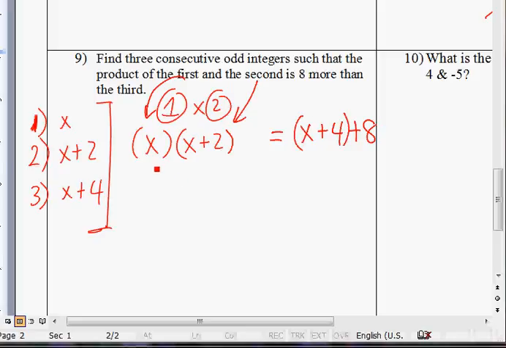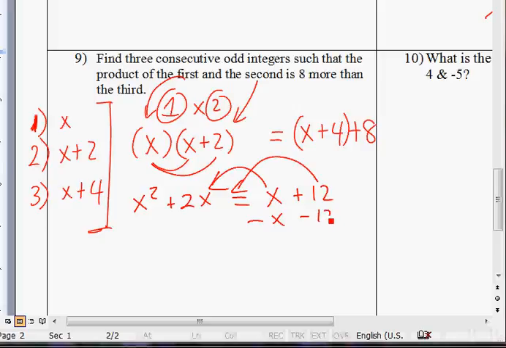Alright, so let's solve this. Distribute property on the left. x times x, x squared, x times 2 plus 2x. On the right side we have x plus 4 plus 8, that's x plus 12. Now you want to put everything on the one side, and let's put it on the left side here.